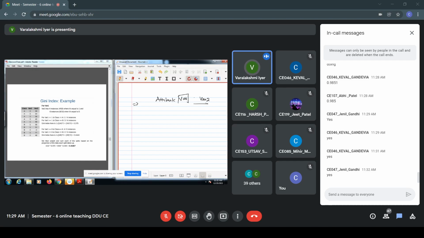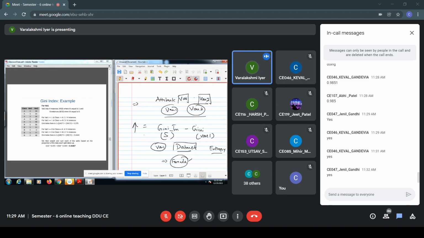We'll find the Gini impurity for variable 1, and the Gini impurity of variable 2, and then we'll subtract each from the Gini impurity of the entire system S. Whichever value is higher, that variable will be chosen for splitting the data set. This is similar to what we did in entropy, only that we have a different formula to calculate the impurity of the system.